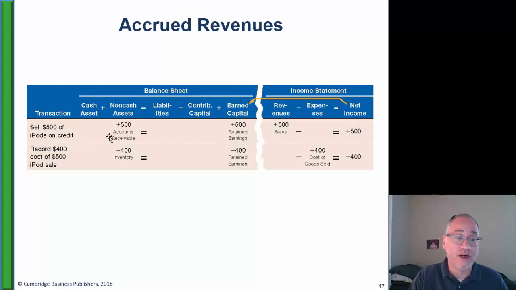Now, it doesn't show you this on this entry, but when you collect the money, you would credit or reduce accounts receivable by $500 and debit cash for $500. And the inventory, you've sold inventory now, so you've got to take the inventory off the books. So you would credit inventory for $400 and you would debit cost of goods sold for $400.